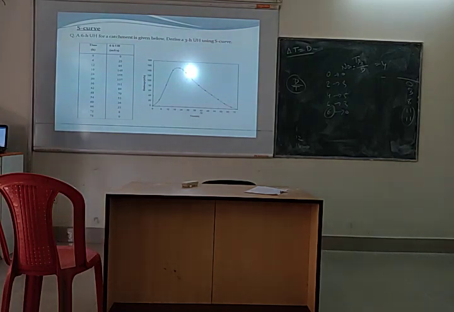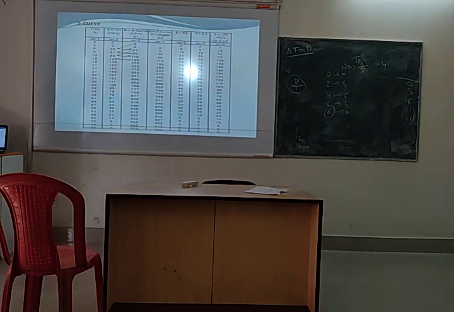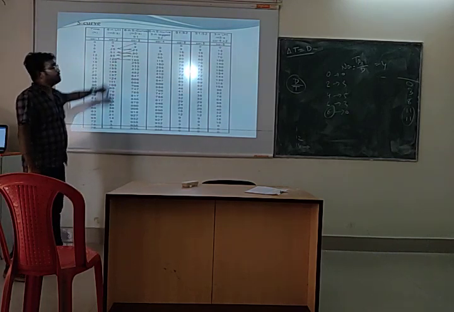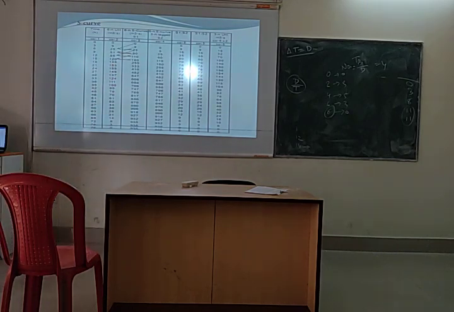So the interval should be 3. To find out these values, 9, 15, that will be somewhat tricky, right?